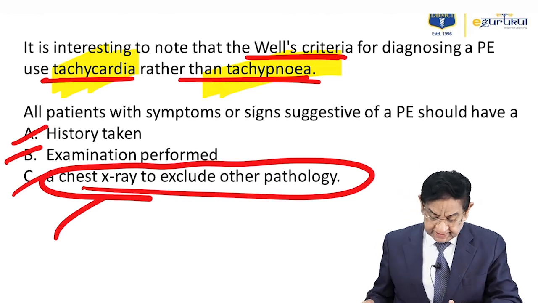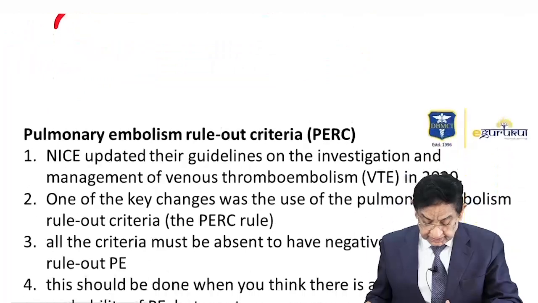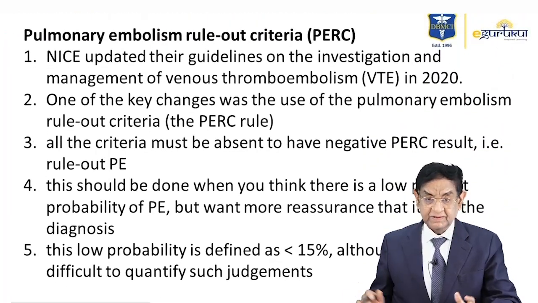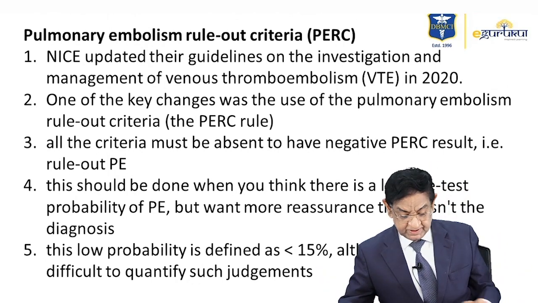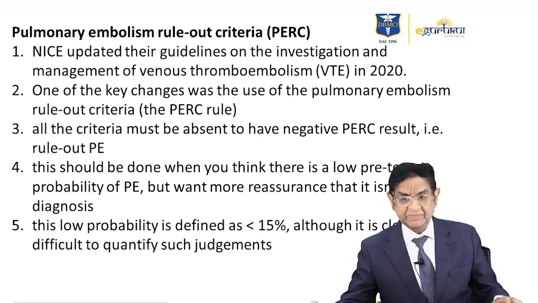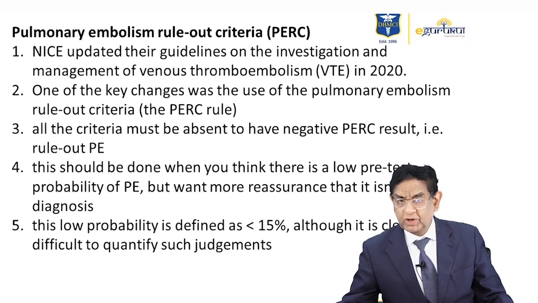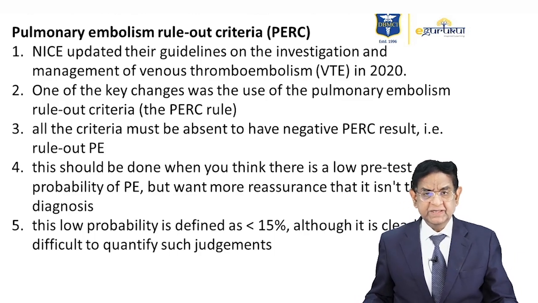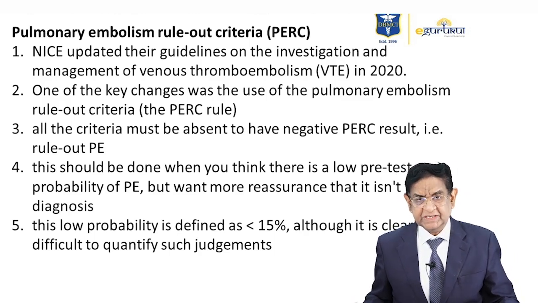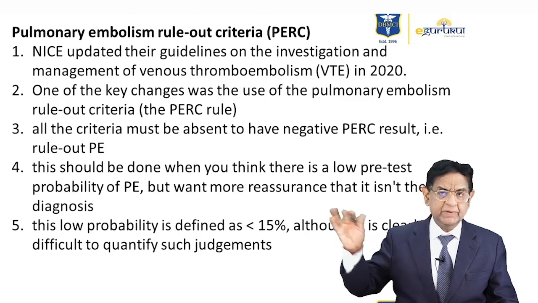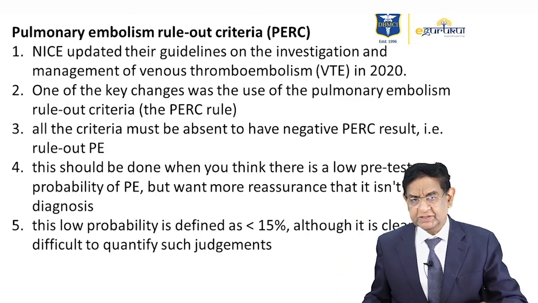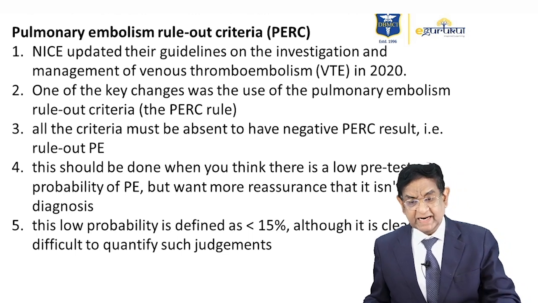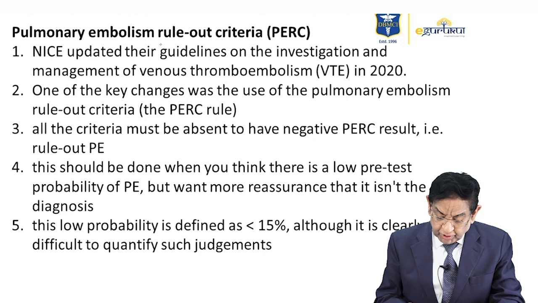So these three things have to be done. We can get a patient with non-specific symptoms, or only one symptom, and we know the same symptoms, dyspnea or cough or hemoptysis, can occur in so many other conditions. You cannot jump to a diagnosis of pulmonary embolism immediately. So now the NICE guidelines say, first we go for rule out criteria.